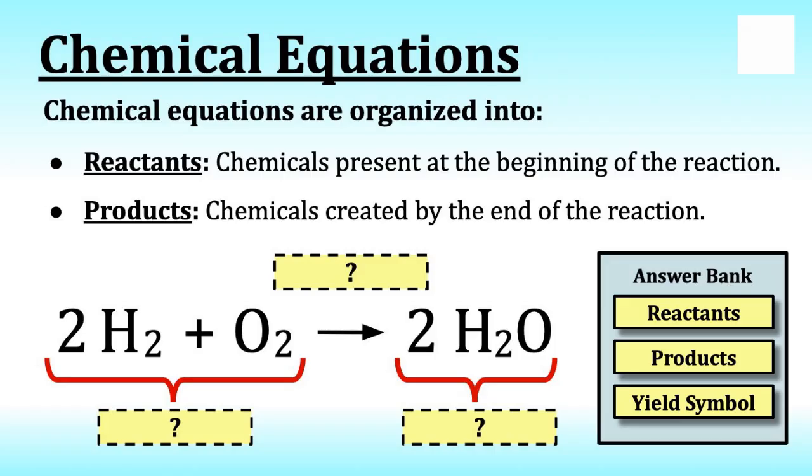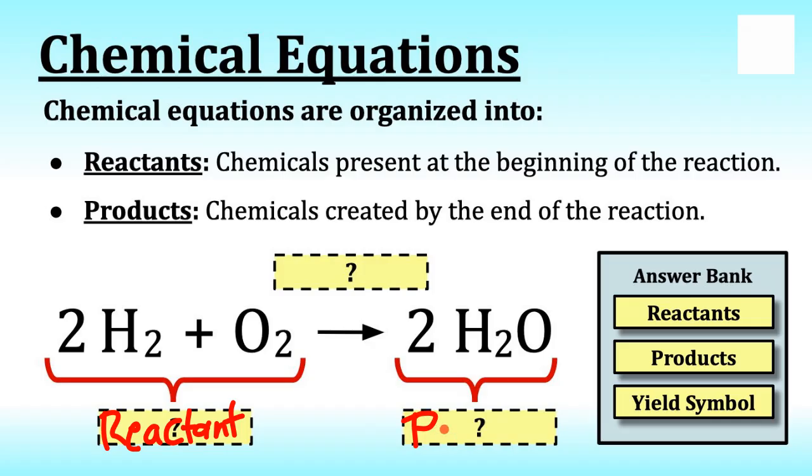All right. Okay, so let's go on to the chemical equations. So chemical equations, we have the reactants. They're on the left side. They react. They combine to make the product.